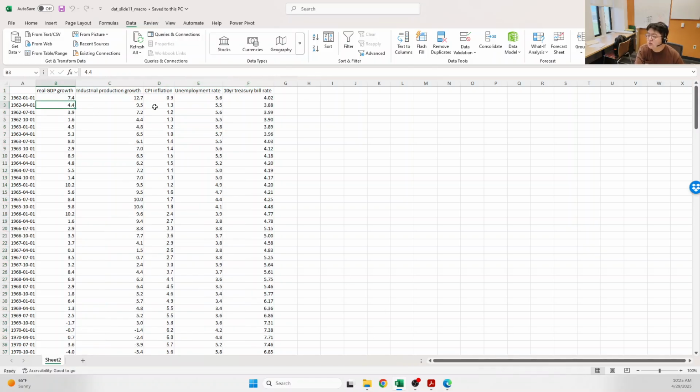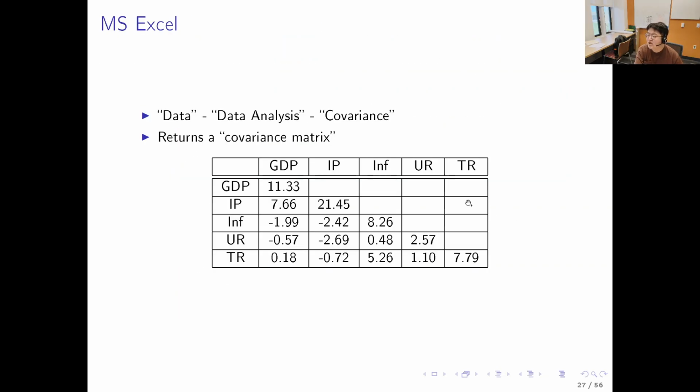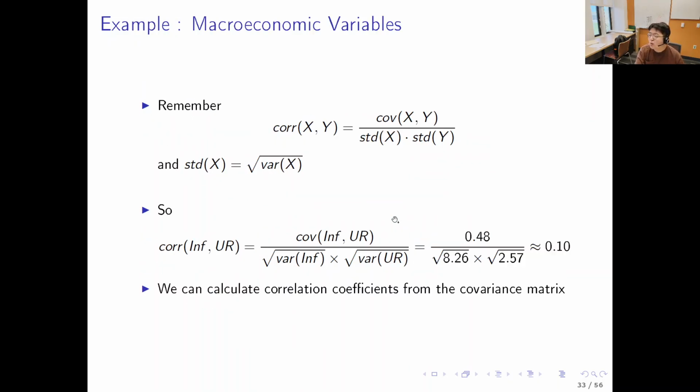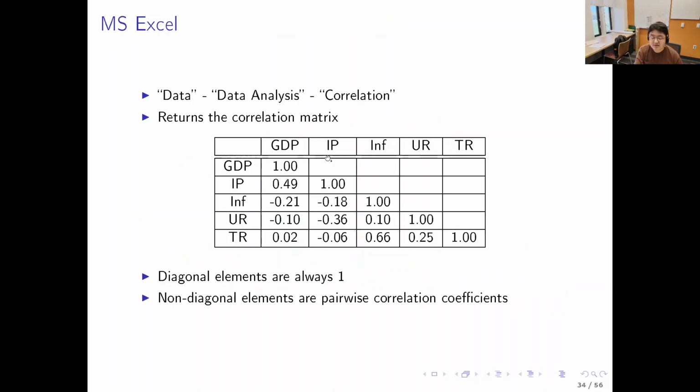So I will show you how to make this table, it is a matrix, right? We will make a covariance matrix or correlation coefficient matrix, to see the relations of five variables at a glance.